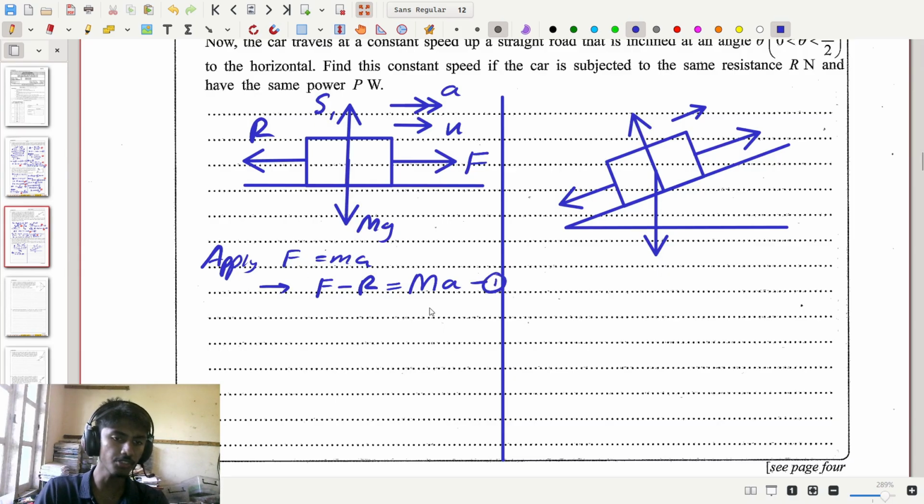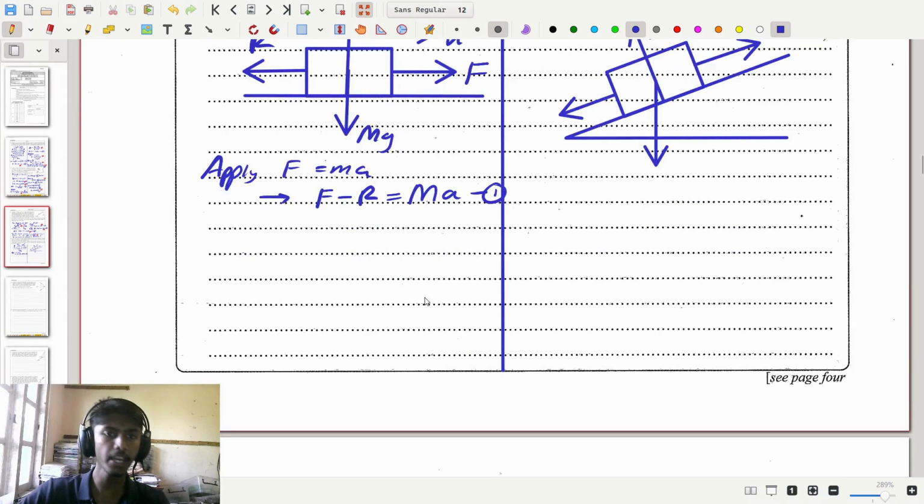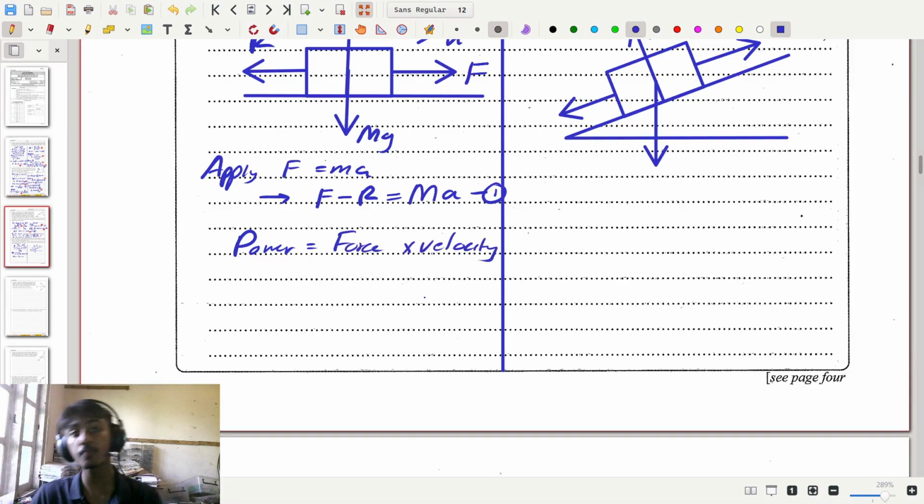Now in addition to this, we can get another equation. As we know, whenever you have a power acting to create a force, power is going to be equal to the force times velocity. Now this of course means that when you move faster, the same power will apply less force in your engine.